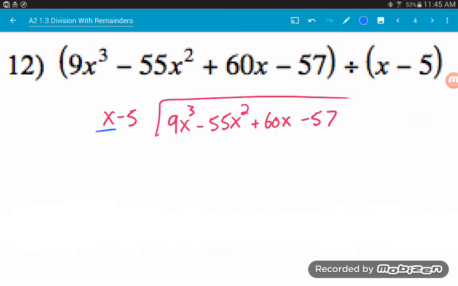I'm going to say, how many times does x go into 9x cubed? 9x squared times, because 9x squared times x would be 9x cubed. 9x squared times negative 5 is negative 45x squared. So now that I've distributed onto both, I know that I'm good.